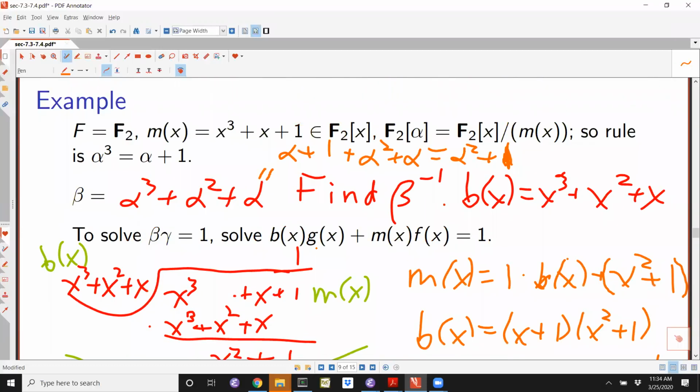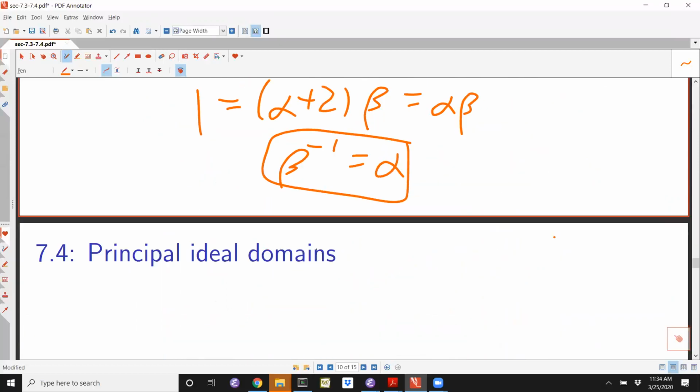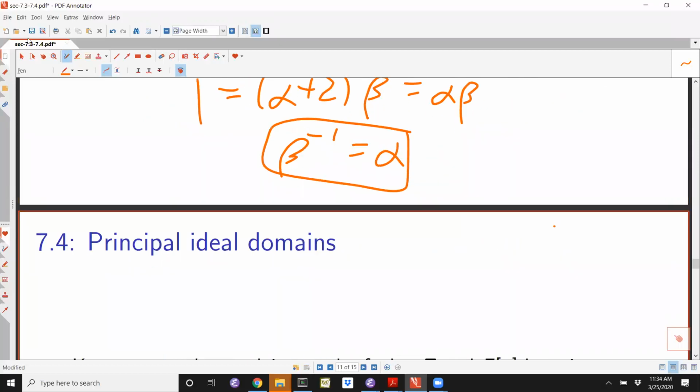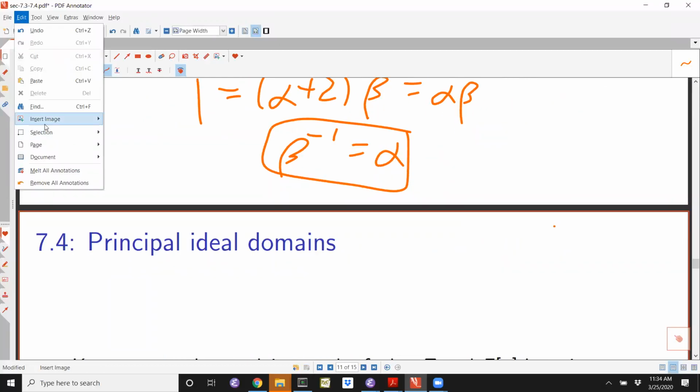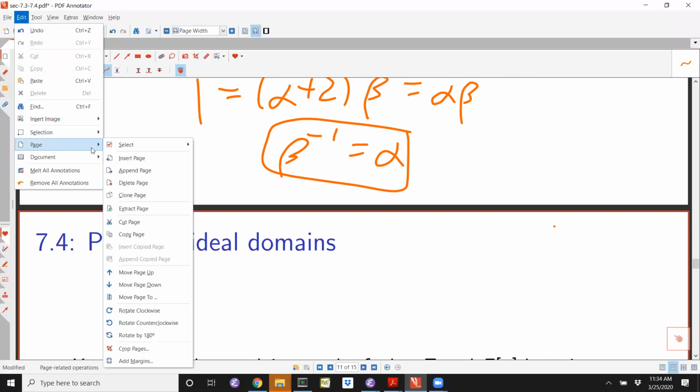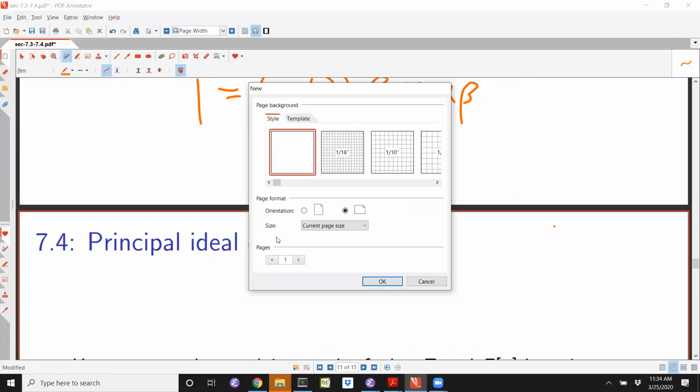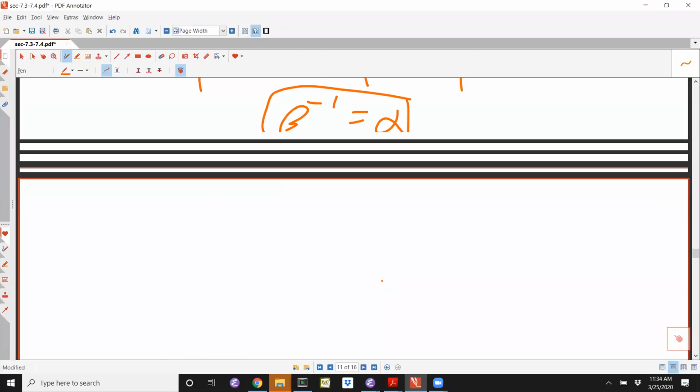I feel like I should check that, huh? Let's check that. So beta was actually alpha squared plus 1.